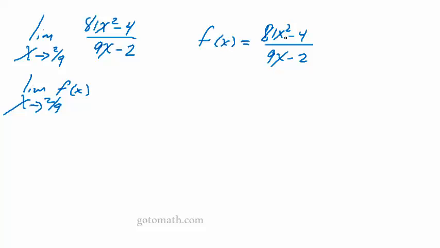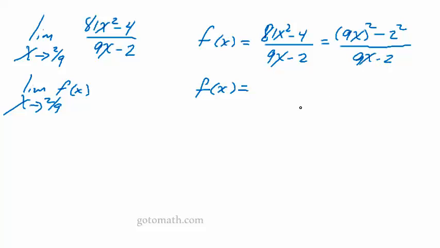Alright, what I'm going to do here is go ahead and factor this guy. It's not a different function. It's going to be the same function, but it's going to look different. This can be written as 9x quantity squared minus 2 squared over 9x minus 2.